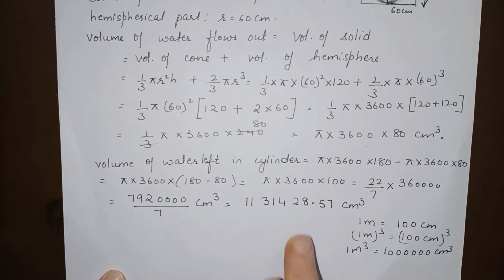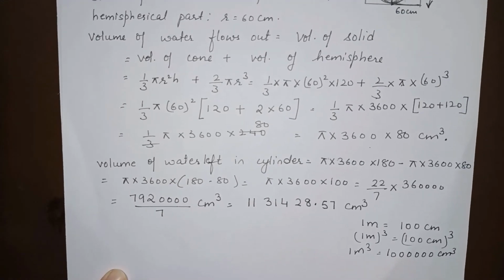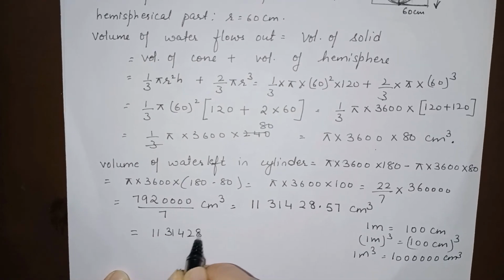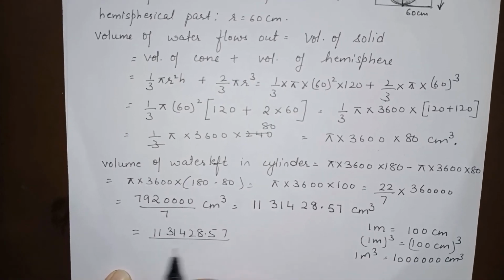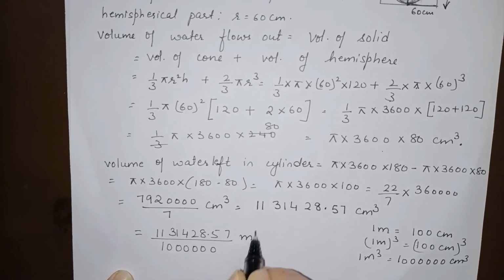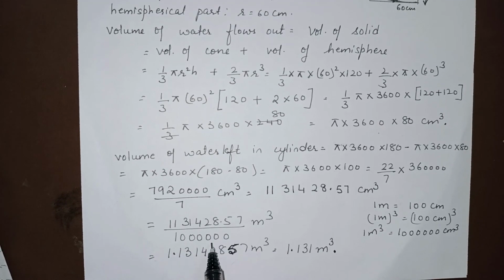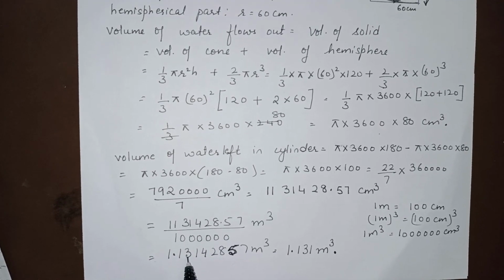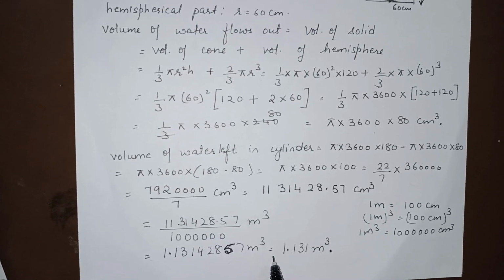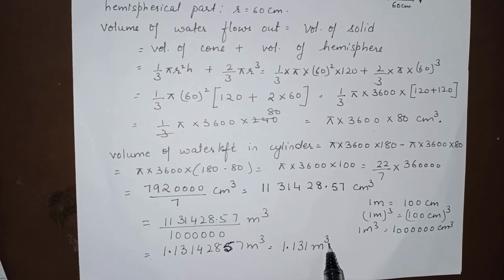So when this centimeter cube is converted into meter cube, we have to divide by 10 lakh. So this is 1131428.57 divided by 10 lakh meter cube. So this will be 1.13142857 meter cube, or approximately 1.131 meter cube.